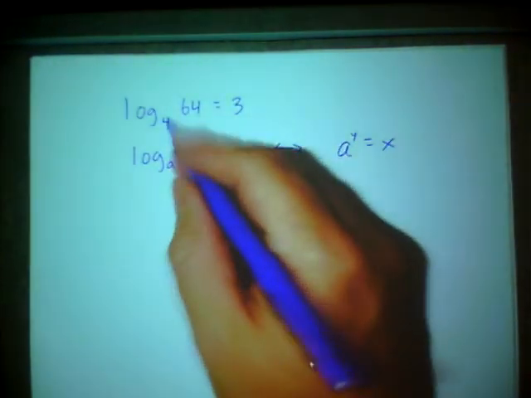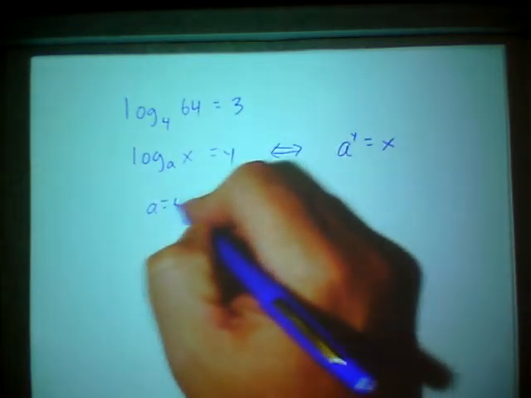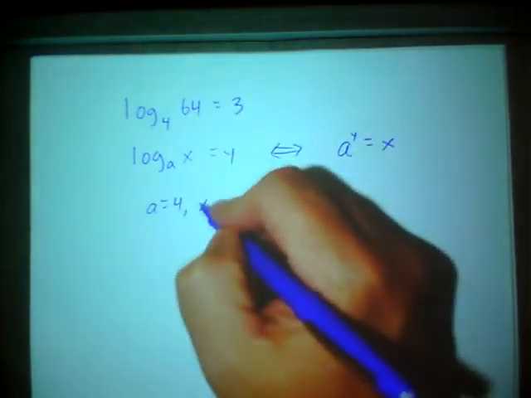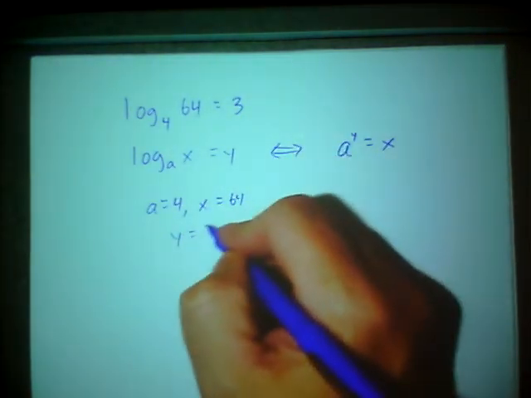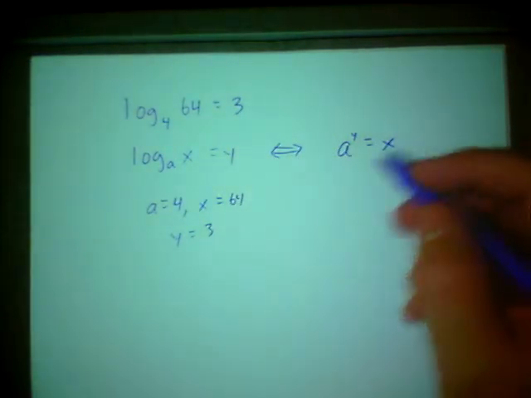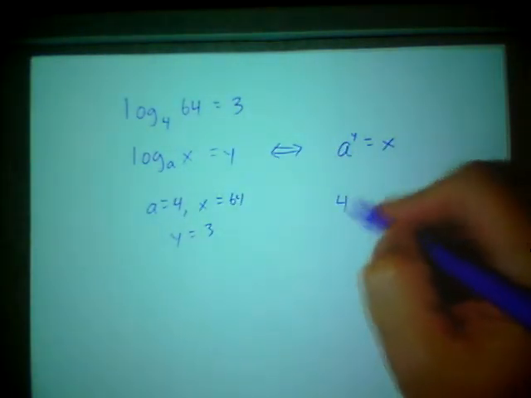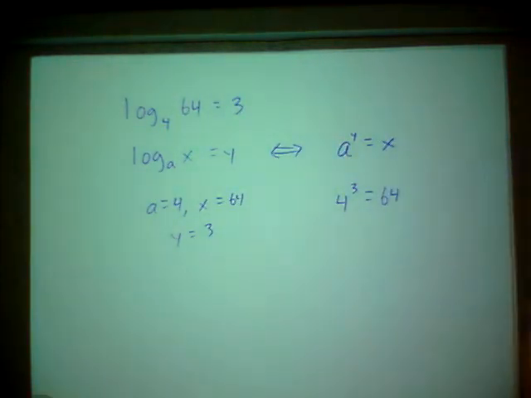So therefore, I figure out my a, my x, and my y, and I say a is 4, x equals 64, y equals 3. And now I plug those into my exponential equation, and I would have 4 to the third equals 64. All right, so not too hard.